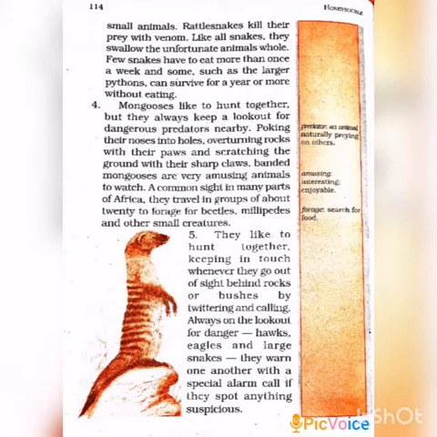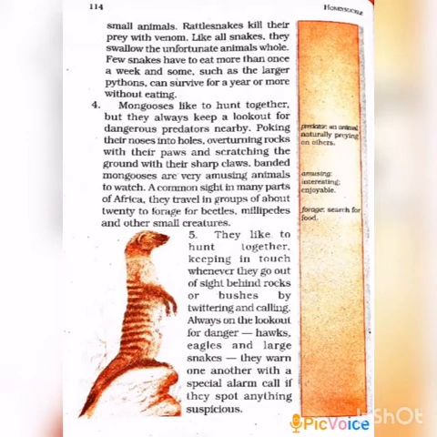So mongooses, that type of animal we can see even nowadays on the Discovery Channel. If you have an interest, you can notice all the animals' characteristics and of course how they behave in different situations. Here they said it hunts together, and it always keeps looking out for danger. So it always sees what is around it, and it has good capture power also.